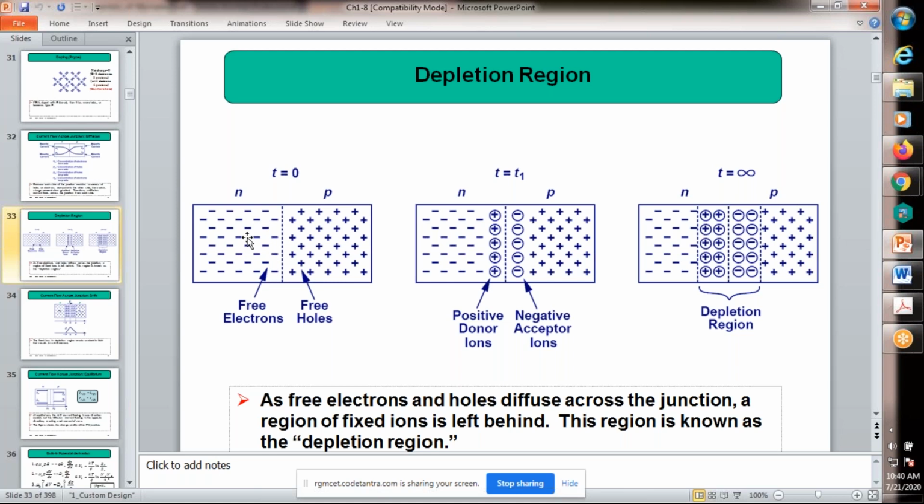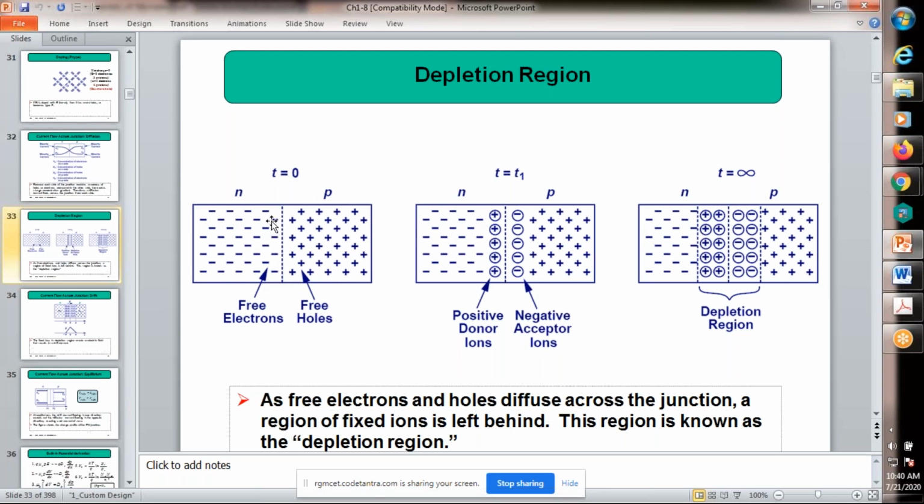Here we mainly concentrate on majority carriers only, not minority carriers. If the majority carriers are electrons, then Nn is approximately equal to Nd, the number of donor atoms. The donor atom is the phosphorus atom. Let us assume these are all phosphorus atoms.